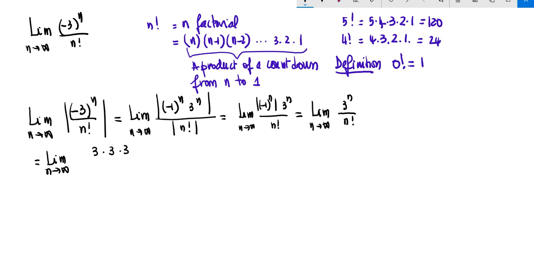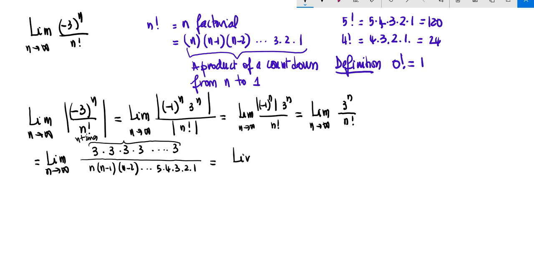So this is 3 times 3 times 3 times 3, n times, over n factorial, which is n times n minus 1 times n minus 2, and so on, times 5 times 4 times 3 times 2 times 1. And I will rewrite this as the limit as n is approaching infinity of 3 times 3 times 3, and I'll have two 3's left out here.